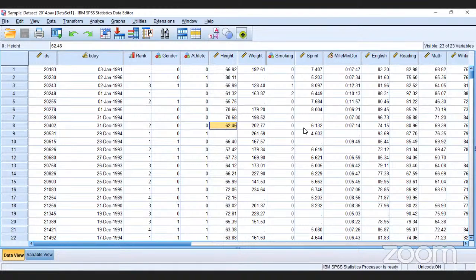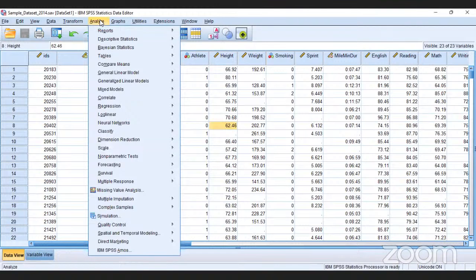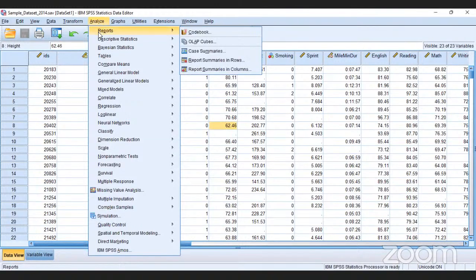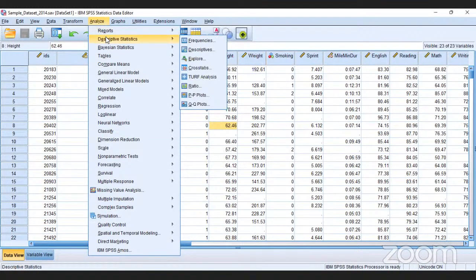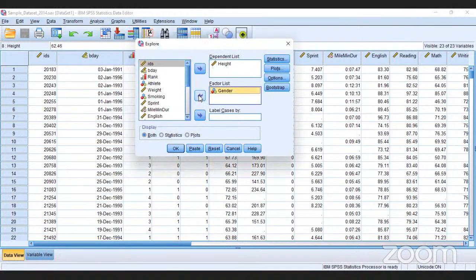And the first thing today, we're just going straight to our content to see how we can explore data. So to explore your data using the same data set we used yesterday, we'll go to descriptive statistics and we'll take on explore.